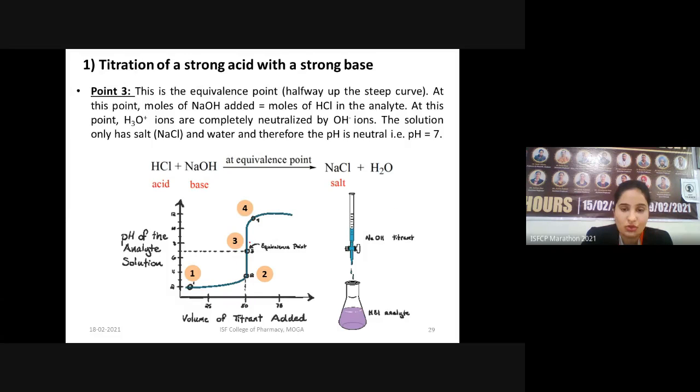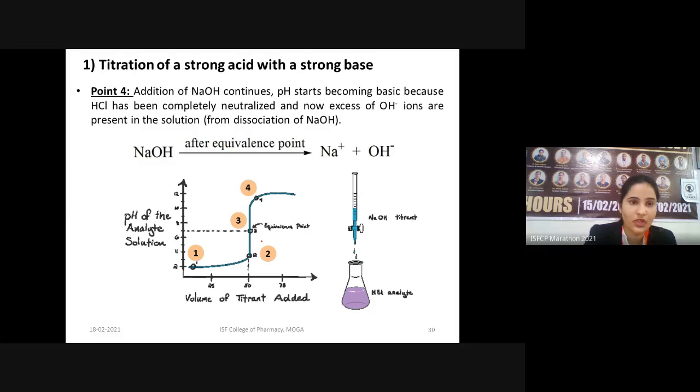So at this point we have an equal number of H positive ions and hydroxyl ions, so they completely neutralize one another, and the overall pH of the solution will be neutral, that is, 7. The HCl, which we have taken as an analyte, has reacted with the base, and whenever acid and base react, they always form salt and water. So at point number 3 we have only NaCl and water present. This is point number 3.